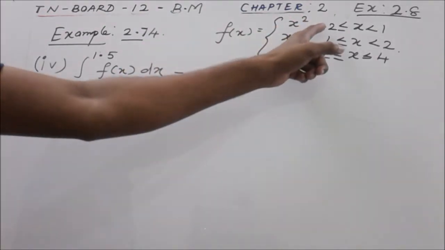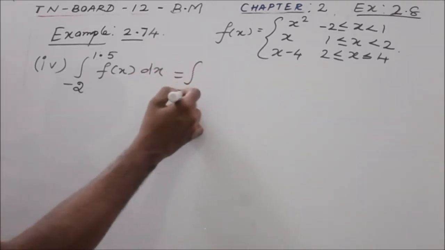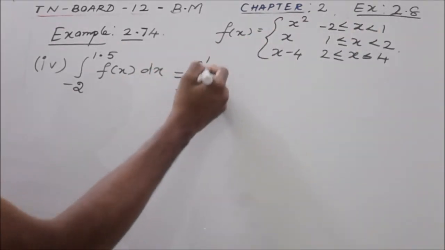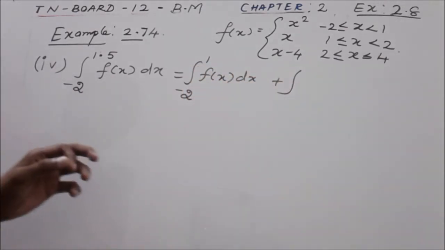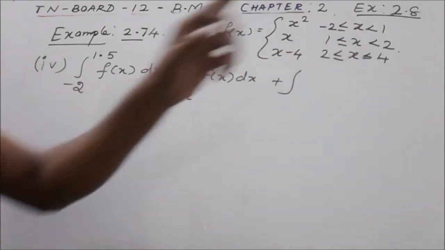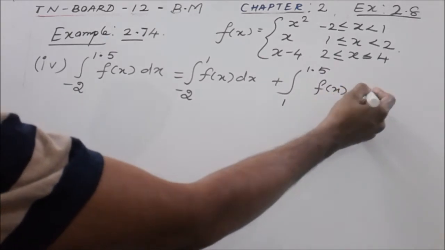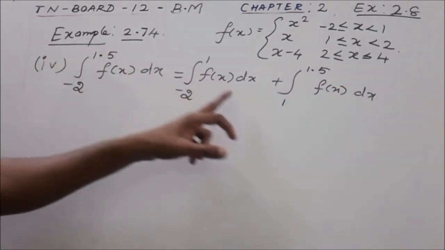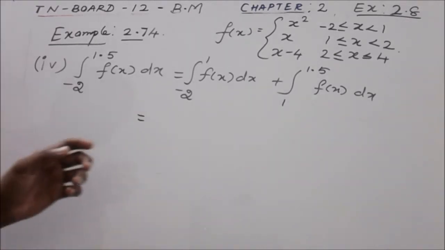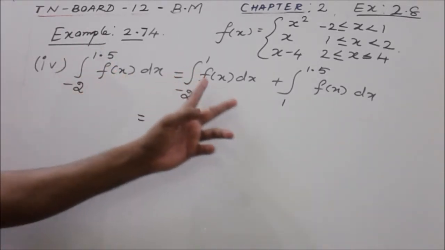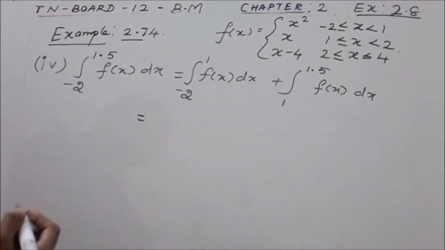So we should separate the given interval as integral minus 2 to 1 f of x dx plus integral 1 to 1.5 f of x dx. So split the given interval into a sum of two intervals; the given integral can be split into two integrals according to the given interval.